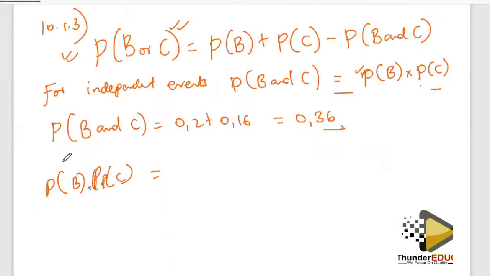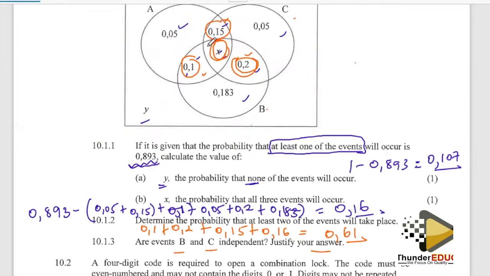Okay. Let me first write it here, 0.643. And then the probability of C is everything up there. So 0.05 plus 0.15, 0.16 plus 0.2. That is 0.56.